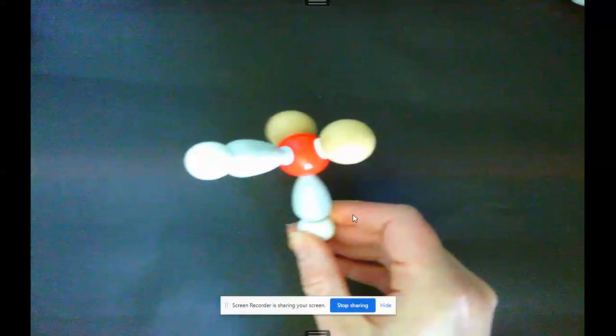Again, they will get non-bonding to bonding pair repulsion. So these will push the bonding pairs closer together, even closer together than they did in the ammonia molecule. In fact, the bond angle between the oxygen to hydrogen bonds is about 104.5 degrees in a water molecule, because you have not only the repulsion between the non-bonding and the bonding pairs, but repulsion between 2 non-bonding pairs of electrons.